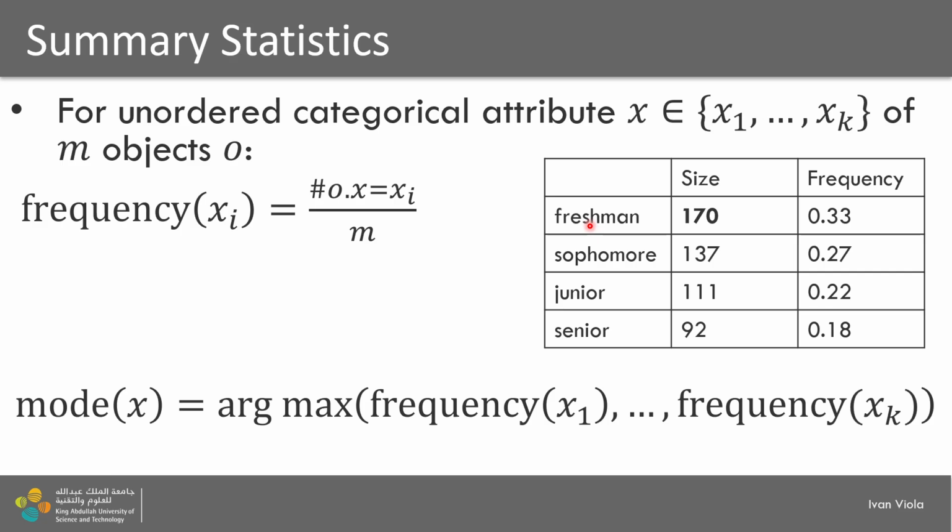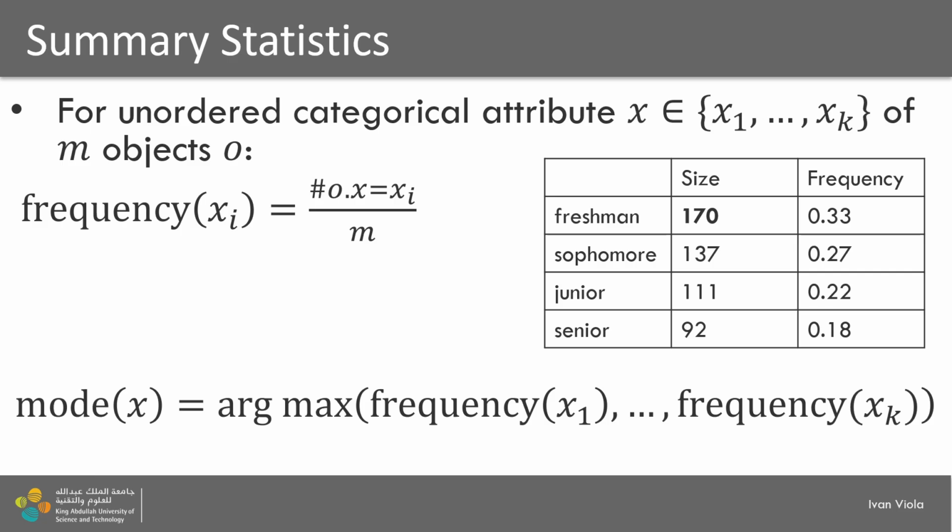So in the attribute, let's say undergraduate study, which might be the title or year, the mode of the year attribute will be freshman. And that's how we calculate the mode, which is the value with the highest frequency. Okay, so these are two already useful properties which can be obtained from data through summary statistics.